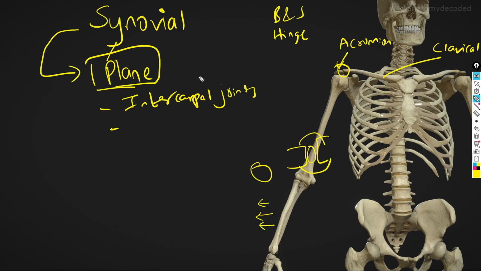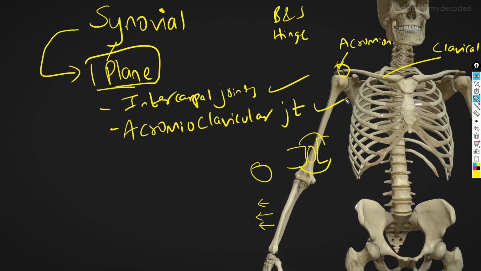That is a plane variety of synovial joint. So at least try to remember these two examples in the plane variety: intercarpal joints and acromioclavicular joints.